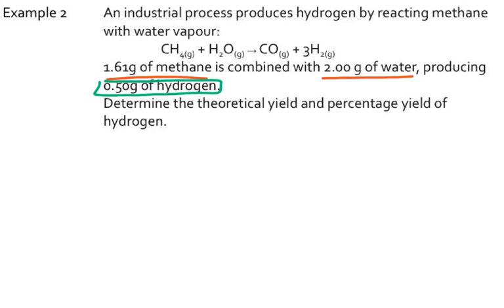First, to find the theoretical yield, we need to determine which is the limiting reagent. So to do that, we need to deal with how many moles of both methane and water we used. So I'm just going to go to a clean page because this is going to be a little bit longer.